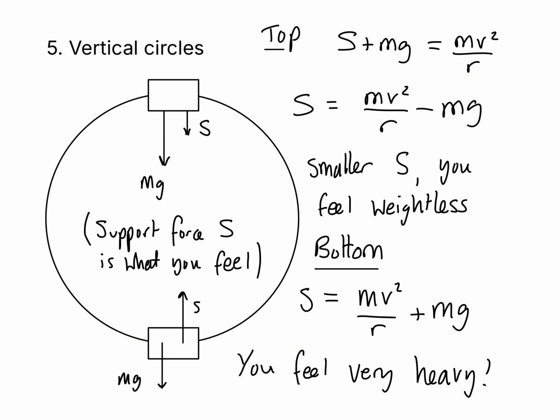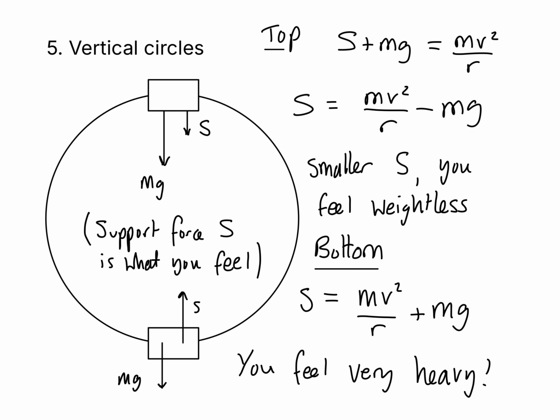So the support force equals the centripetal force minus your weight. It's smaller and you feel light. And if you go slowly enough, gravity alone provides all the centripetal force. The support force drops to zero and you're momentarily weightless. That's the stomach lurch at the top.